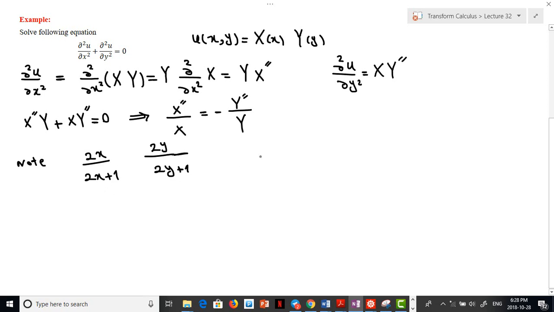Imagine x is equal to 0 and y is equal to 1. For x equal to 0, 2 times x is 0 divided by 1, so it's going to be 0. And on the right hand side, we have 2 times y is 2 divided by 3. So you can see that these two functions are not equal.